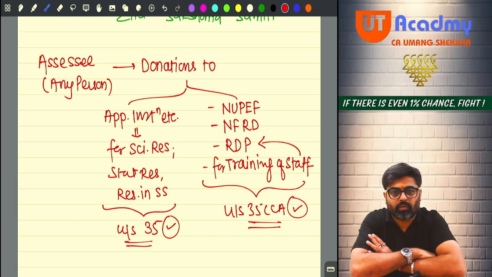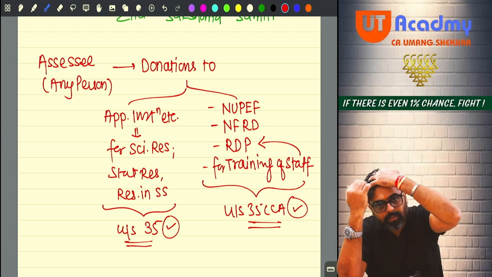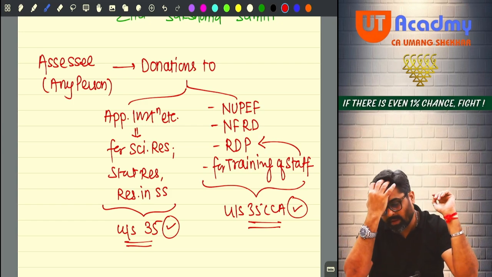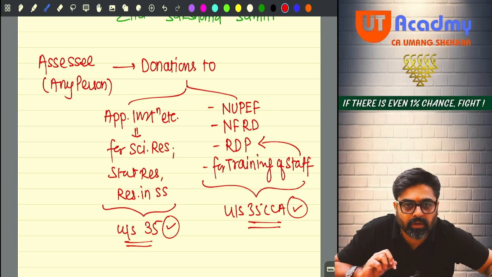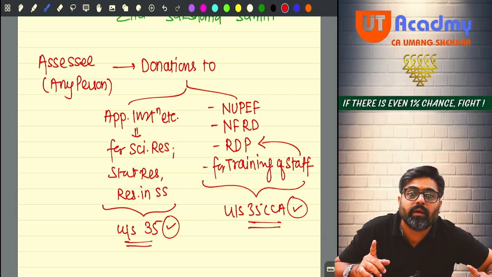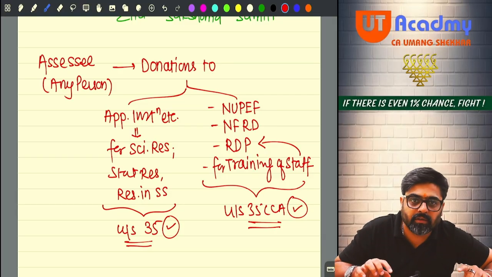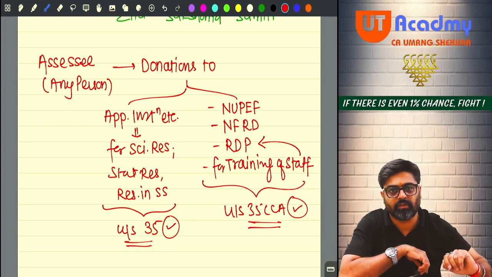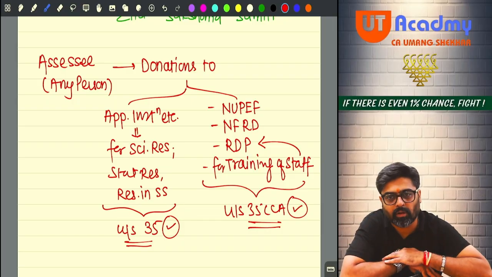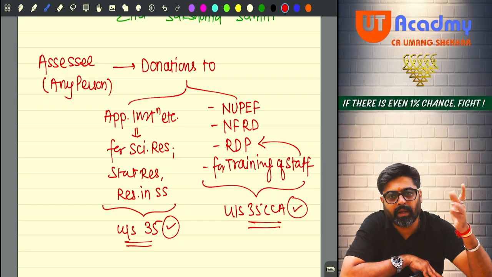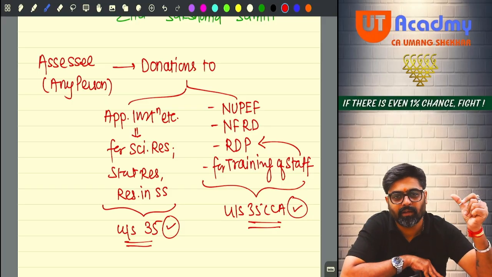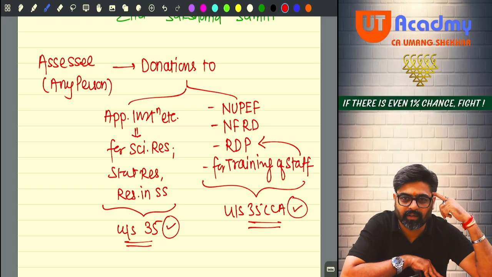But what if you are not having any PGBP income and you have still donated these amounts? Will you be able to get the deduction under 35 or 35 CCA? No. You can get these deductions from your PGBP income under section 35 or 35 CCA, but for that you should be having PGBP income, no? What if you are not earning any PGBP income and still making these donations? Don't worry, for you 80 GGA is there.